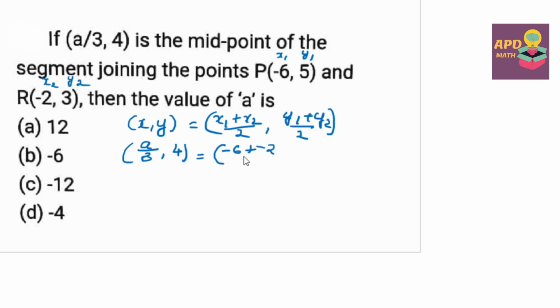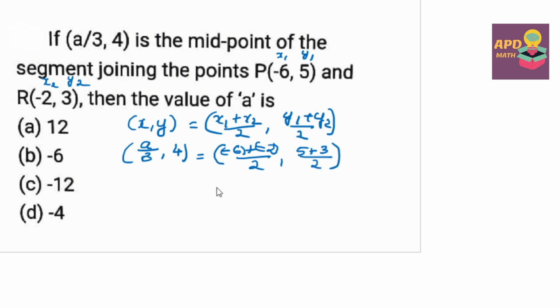Minus 6 plus minus 2 divided by 2 comma y1 is 5, plus y2 is 3, 5 plus 3 divided by 2.